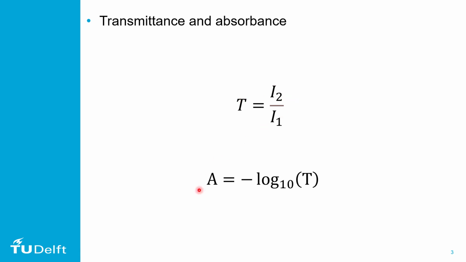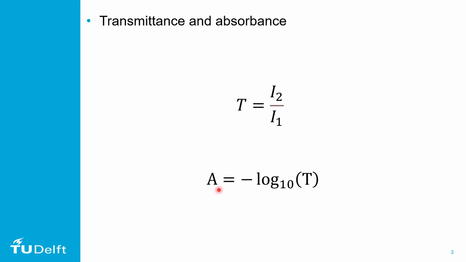And absorbance is exactly the opposite of transmittance, which is denoted by the negative log of transmittance. So this is the light that got trapped inside the test tube, inside the solution. And this gives us a measure of the concentration.